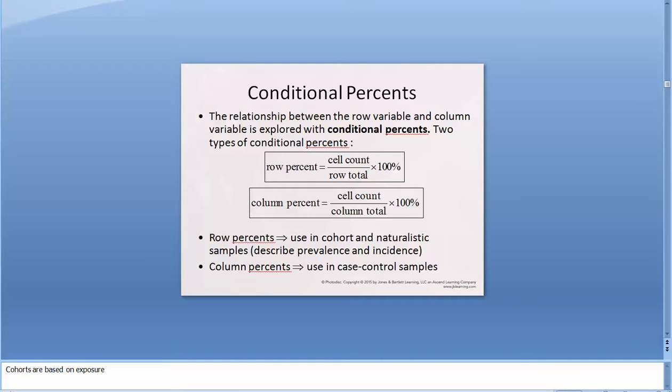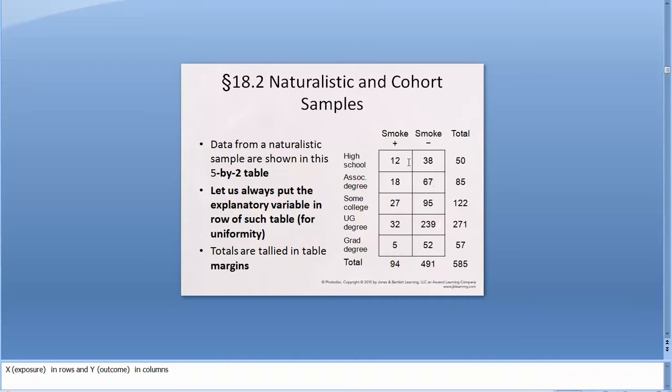For example, if I go back in here, to get the row percents for smoking, it will be like 12 divided by 50. And then you can calculate the row percents for each different education level. So this is the exposure. For each exposure level, you can calculate the prevalence.